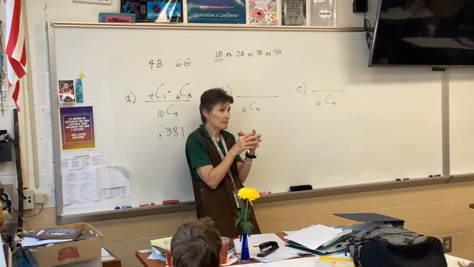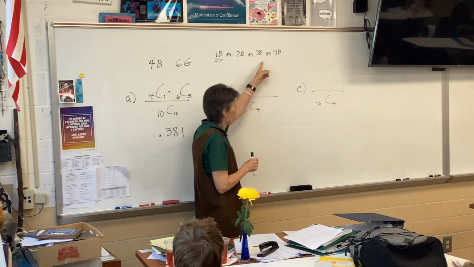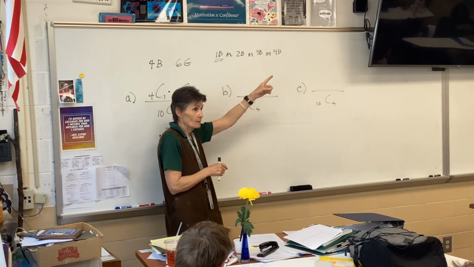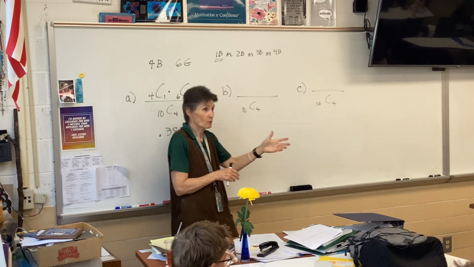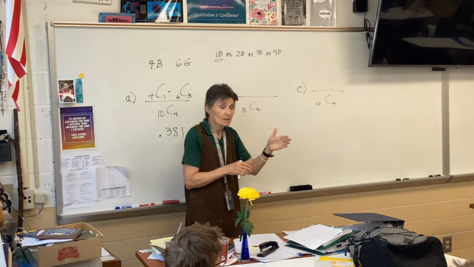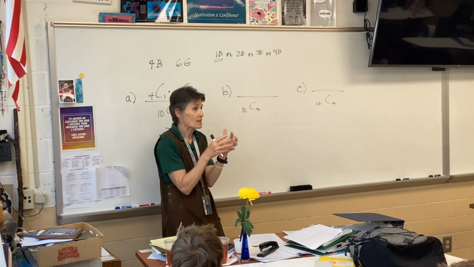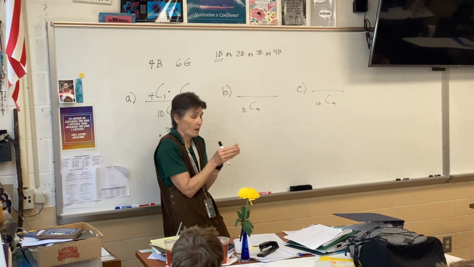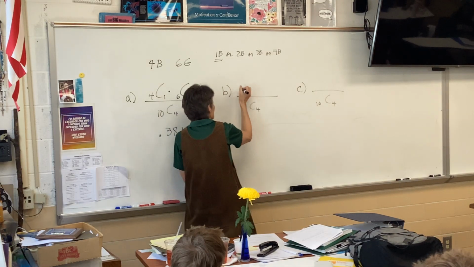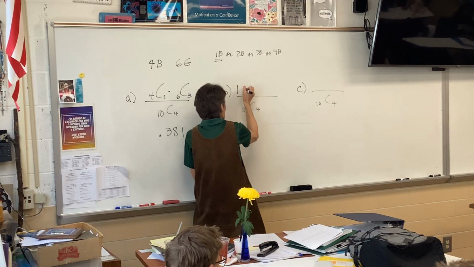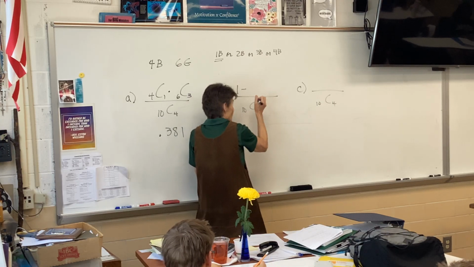Instead of looking at what you want, sometimes it's easier to do 1 minus what you don't want. So what do I not want? What is the only thing I don't want? 0 boys. So what if I did 1 minus 0 boys?